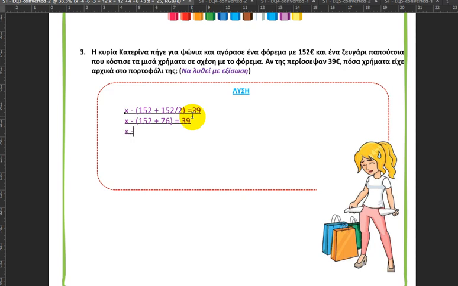So x minus 228 needs to be equal to 39. So x is equal to 39 plus 228. So x is equal to 267. So in the beginning, she had 267 euros.